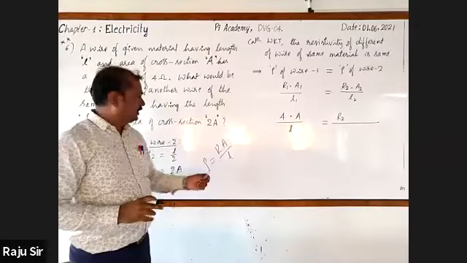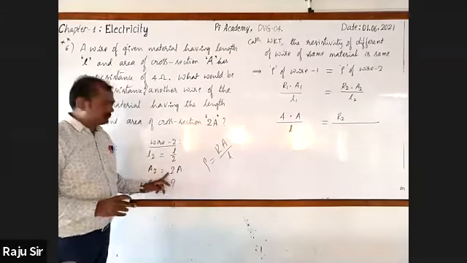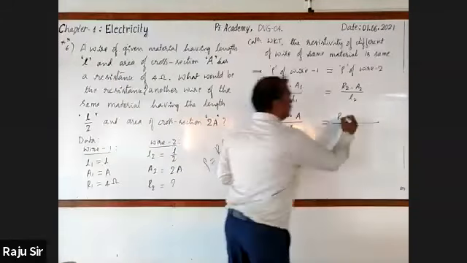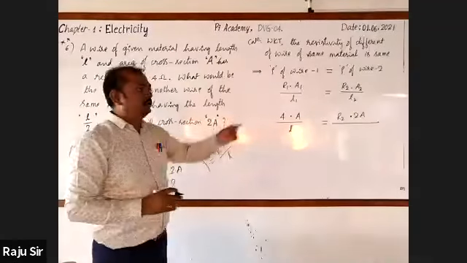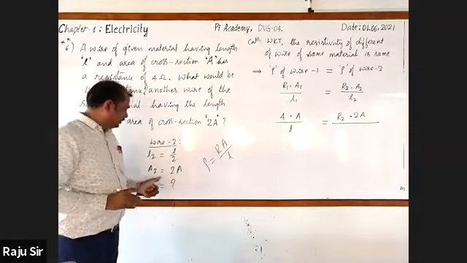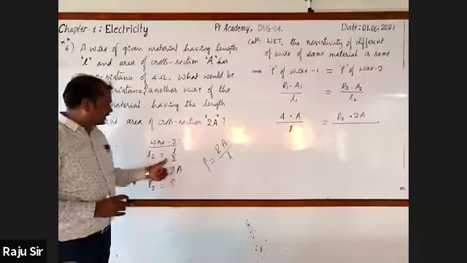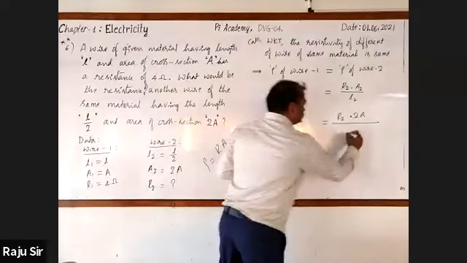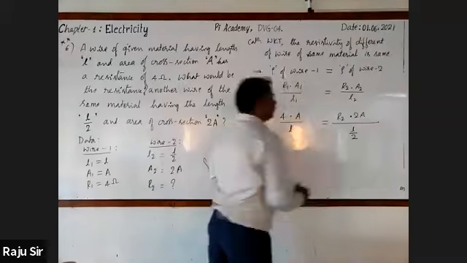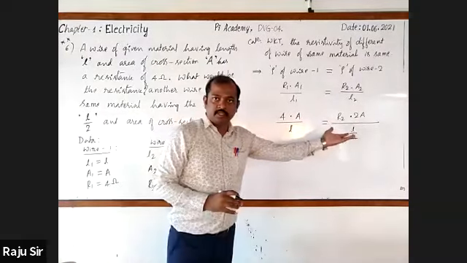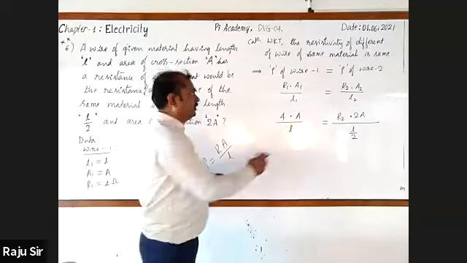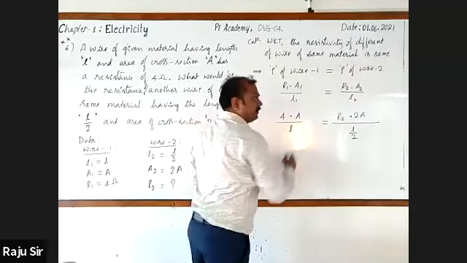Whereas its area of cross section is 2A by L2, so the length of the second wire is L by 2. Let's go for solving R2.